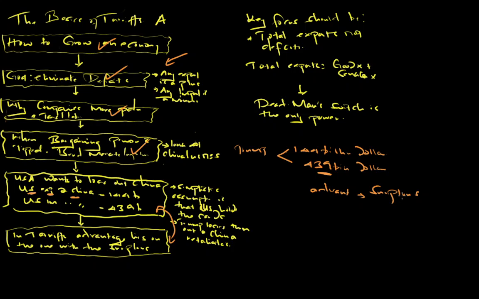Therefore, we will force them to negotiation using tariffs. But the tariff principle is this: the person who has the surplus has the advantage. The person who has the deficit has the disadvantage.